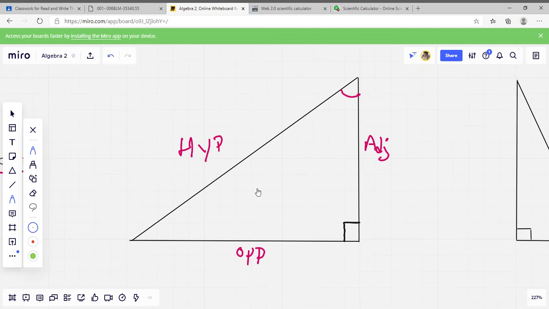So let's say that we were looking at this angle, trying to find this angle, the side opposite that angle would be over here, and then our adjacent would be down here. Okay, so it's all relative to which angle we're talking about.